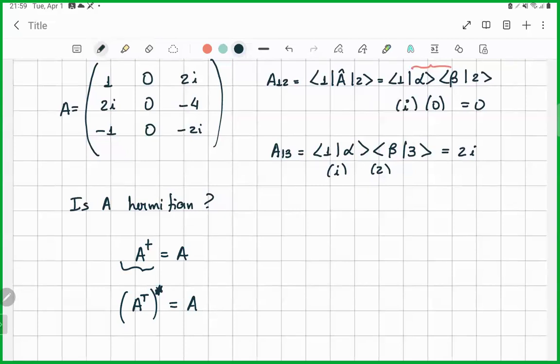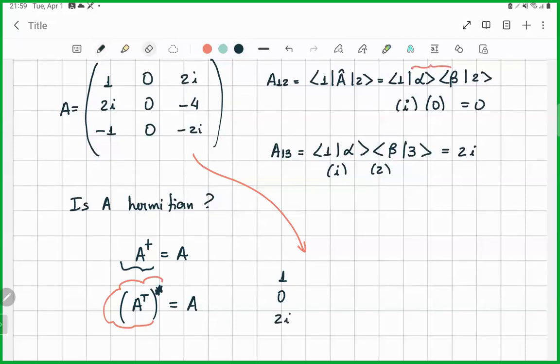Okay, so let me try to do this procedure here first. Okay, so I'm going to pick our matrix A, and I'm going to do the transpose of it. Okay, so the transpose means whatever is line becomes column. Okay, so my first line here, 1, 0, and 2I is going to become the first column. So 1, 0, and 2I.